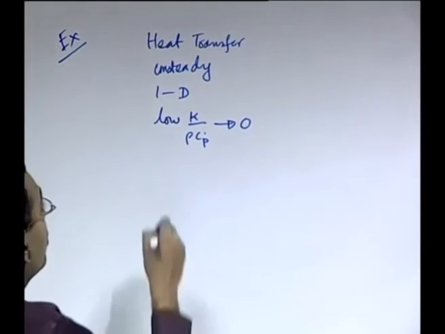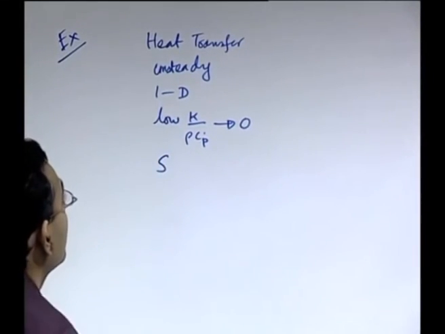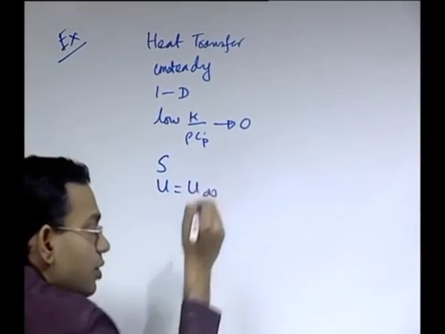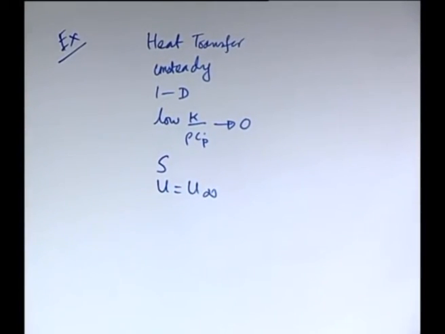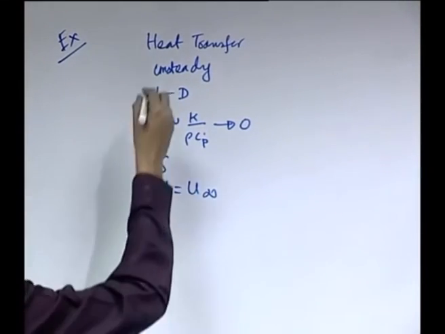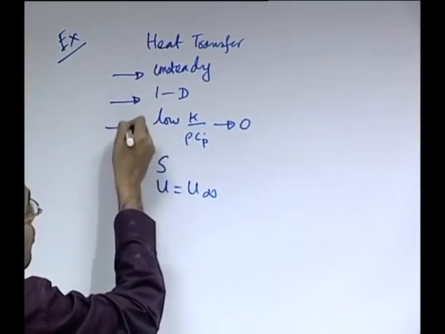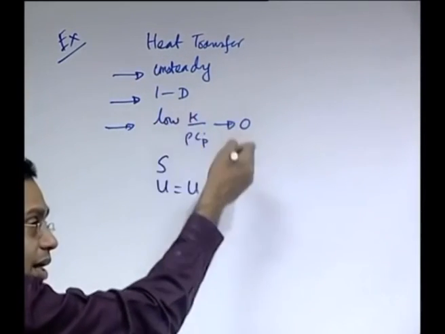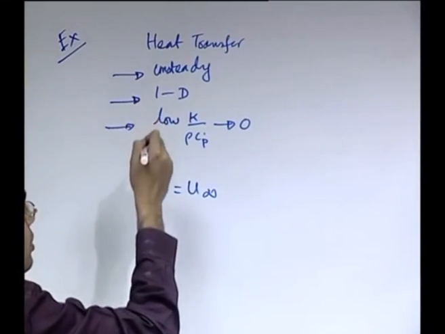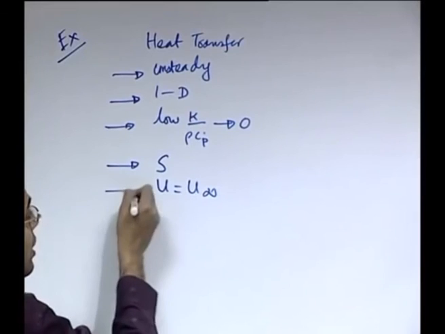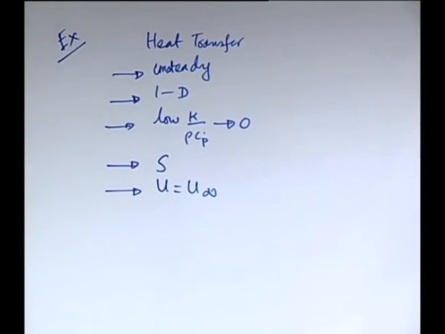There is some heat source and u equal to u infinity approximately. So these are the assumptions corresponding to the physical problem: unsteady flow, one dimensional flow, low value of K by rho Cp, for all practical purpose it may be taken to be as good as 0, some constant heat source, and u is equal to u infinity.